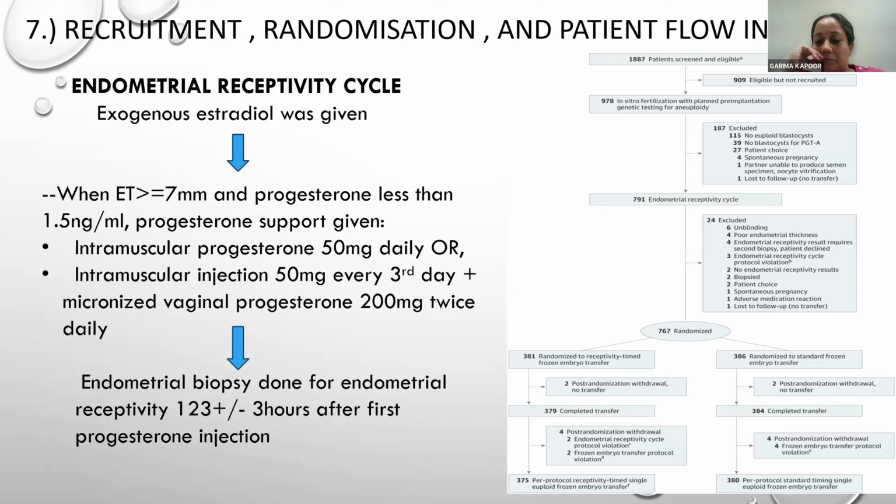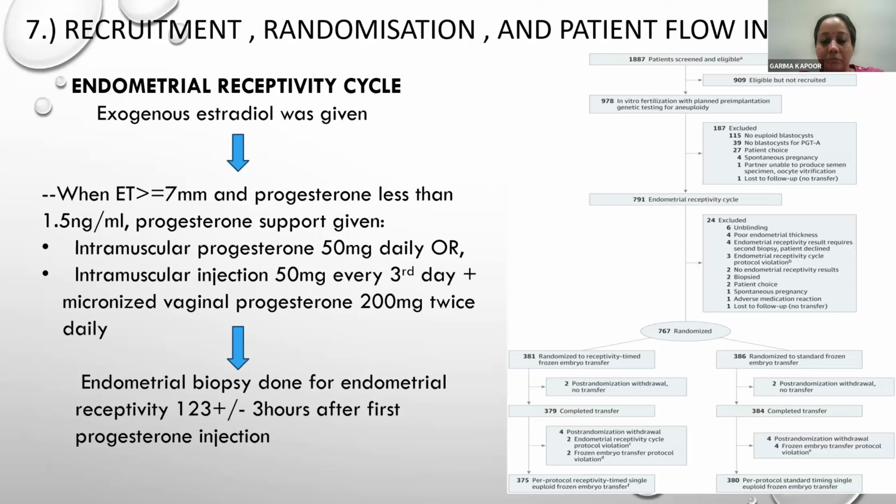After that, 187 participants were excluded because there was no euploid blastocyst, no blastocyst for PGT-A, patient choice to be excluded from the study, a spontaneous pregnancy, the partner being unable to produce a semen specimen with no oocyte vitrification, and the last one, loss to follow-up.